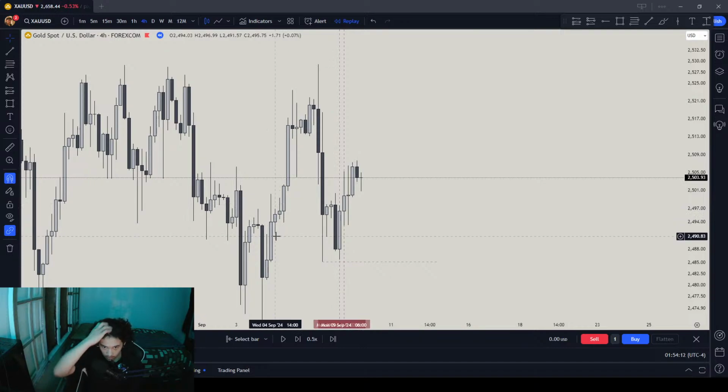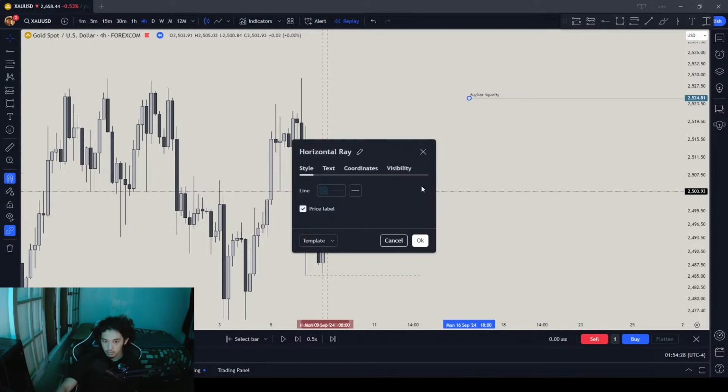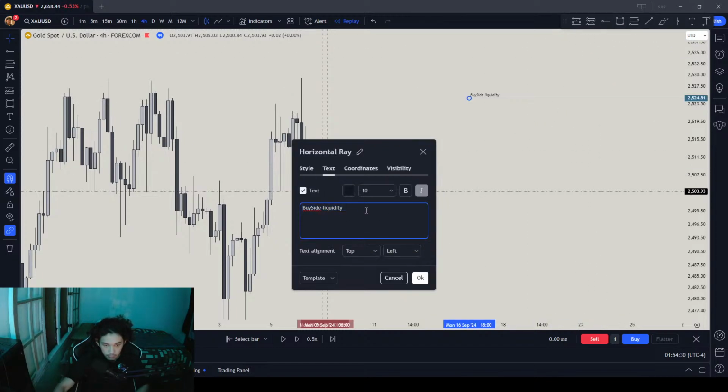Daily is in a what? Internal. So daily wants to go to a fair value gap. The 4-hour is in a... So external is liquidity. Okay, they just put the words down here then. Let me put external.